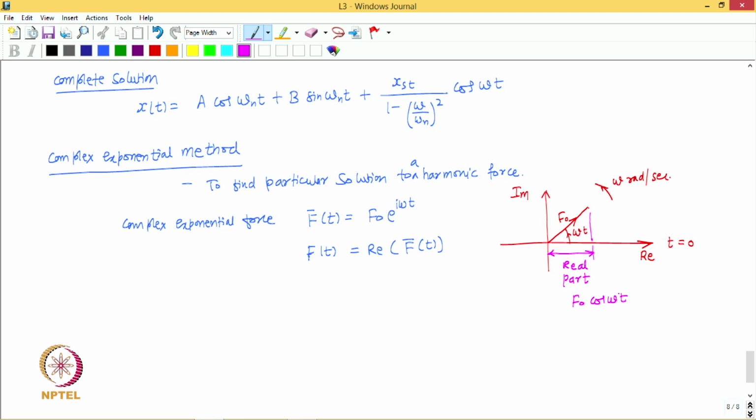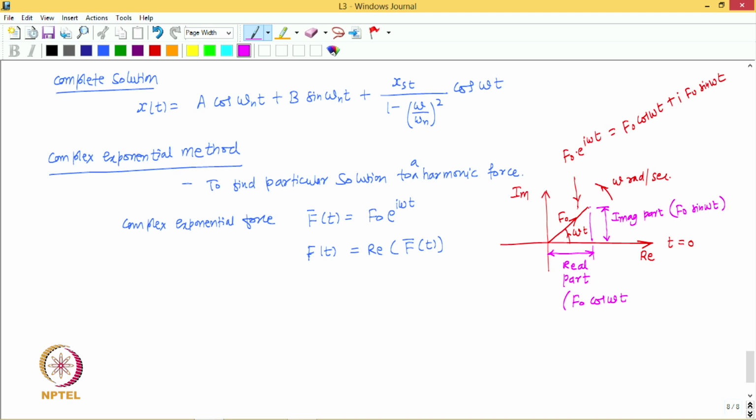In vector notation, this vector consists of two parts, F naught cos omega t plus i F naught sin omega t. And the imaginary part of this vector, which is this one, is nothing but F naught sin omega t.